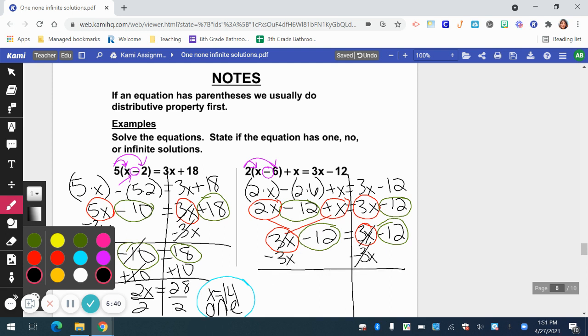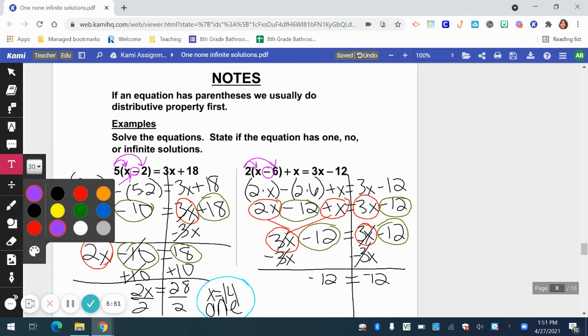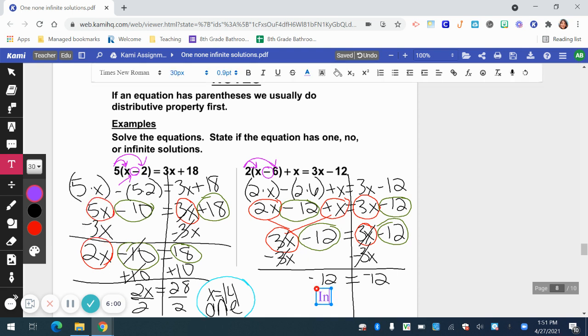So that will cancel each other out on both sides of the equation and leave us with negative 12 equals negative 12. Now, since negative 12 does equal negative 12 and will always equal negative 12, your answer is going to be infinite many solutions.